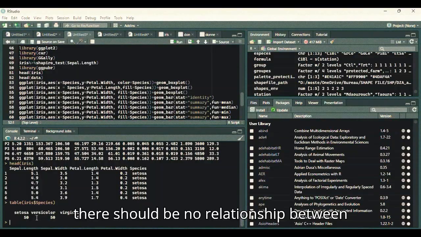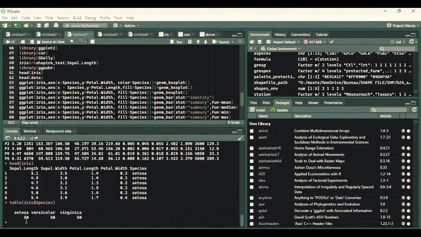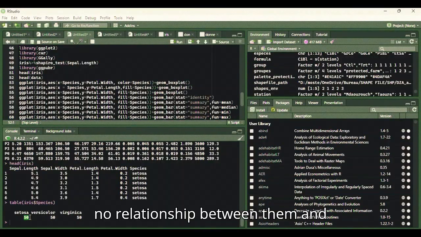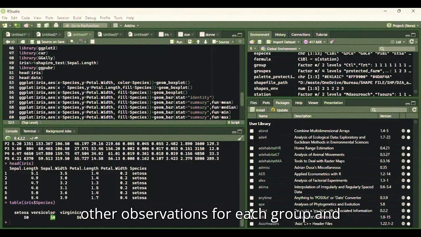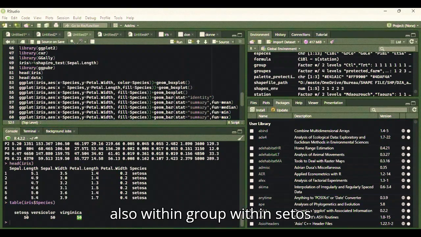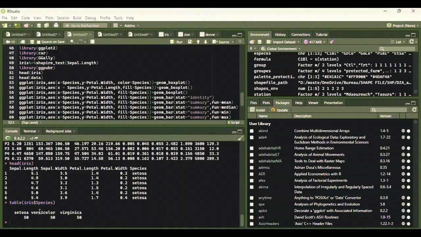There should be no relationship between the observations within or between groups. So these 50 individuals should have no relationship between them and these other 50 observations of the other group, and also within setosa, or within the 50 individuals of versicolor.